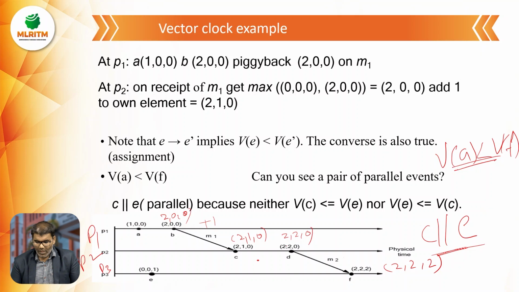After that, again from C to D, 2 comma 2 comma 0, and from D to F sending the message with M2, and here we are adding the 2. After adding the 2 we are getting 2 comma 2 comma 2.